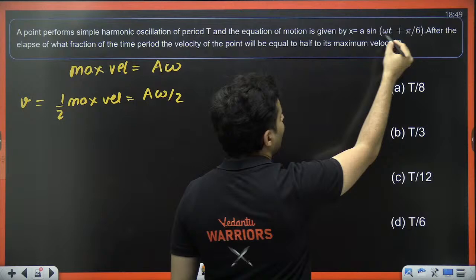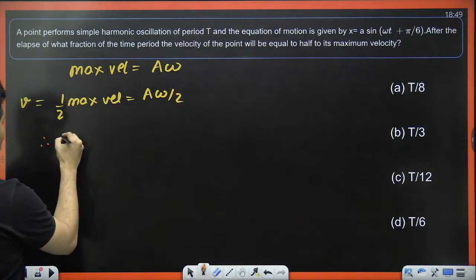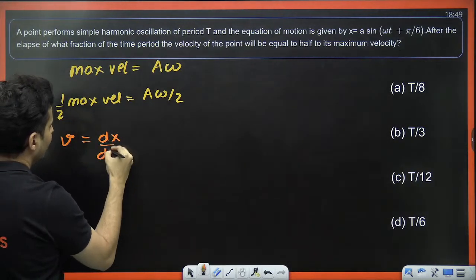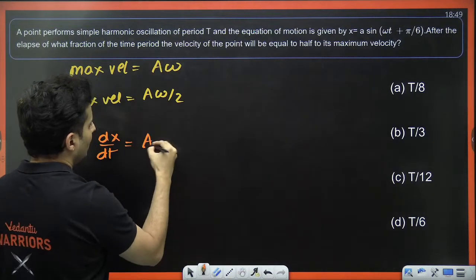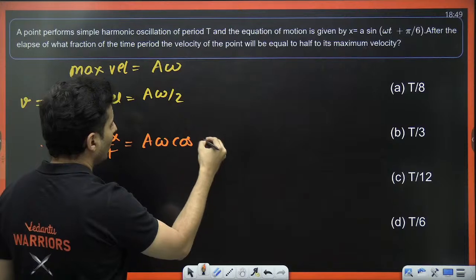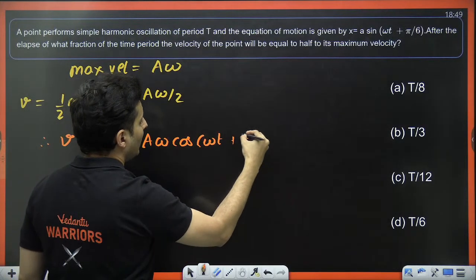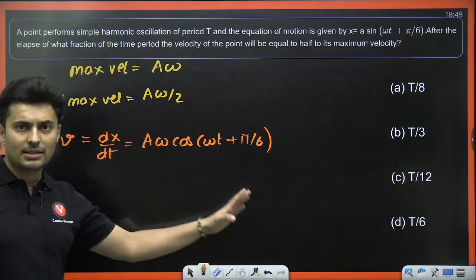Great. Since x is A sin(omega t plus pi by 6), the velocity, just taking the derivative dx by dt, will be A omega, and here I will have cos because it is sine, so cos(omega t plus pi by 6). Everybody is understanding this point?